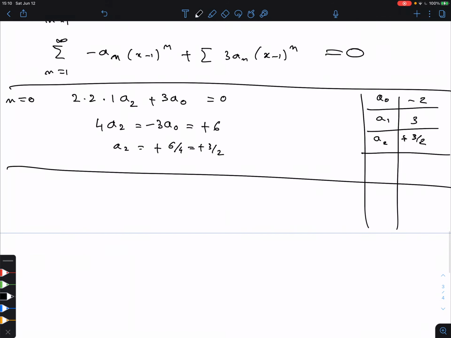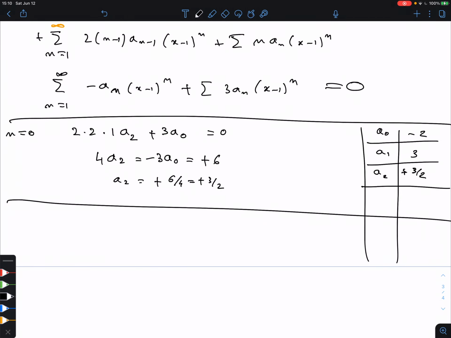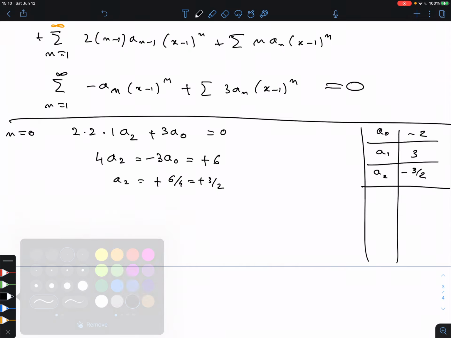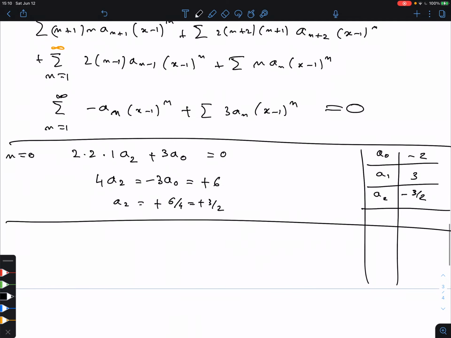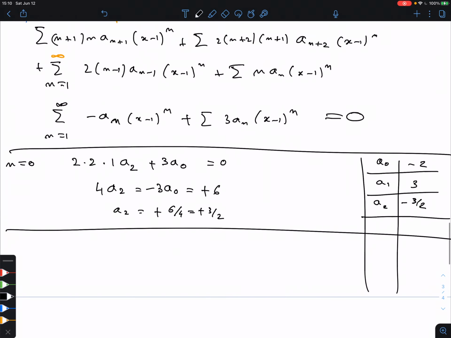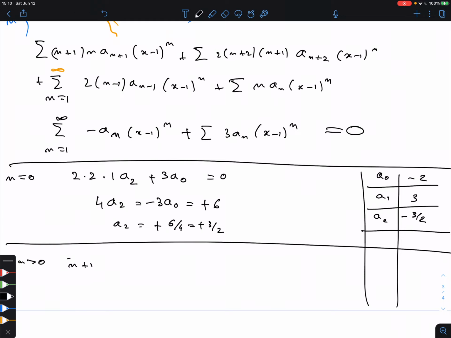Now comes the real thing, because that's just a special case. But now comes the recursion relation for all n bigger than 0. That would be, so we now have all these coefficients that we have to take, (n plus 1) n a_(n plus 1), that's this one.